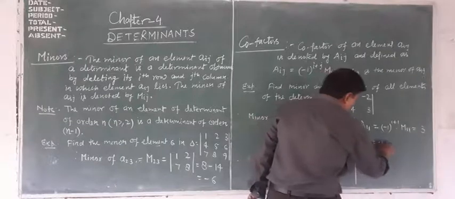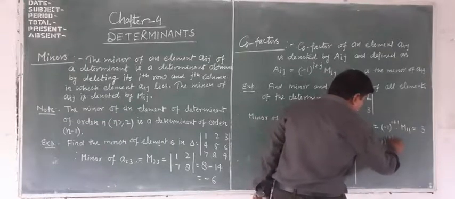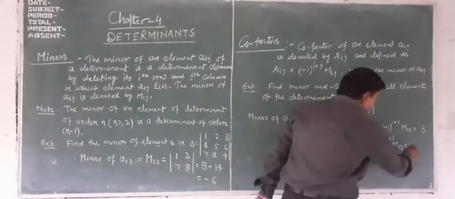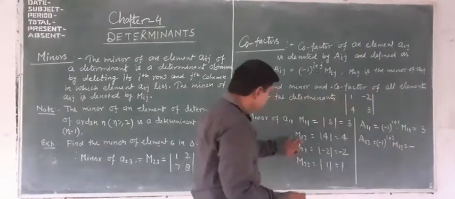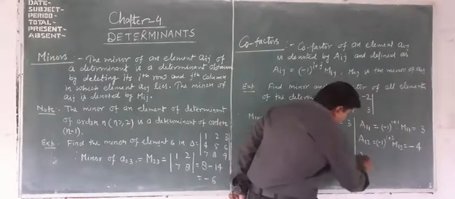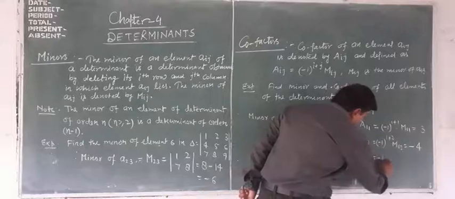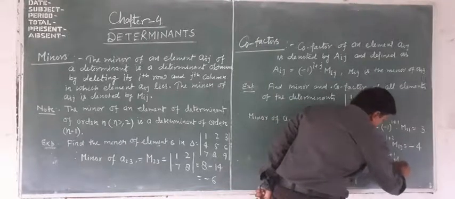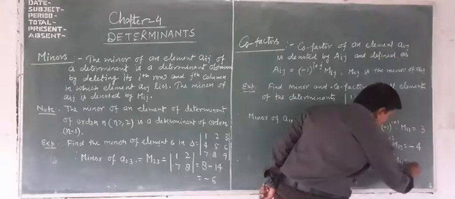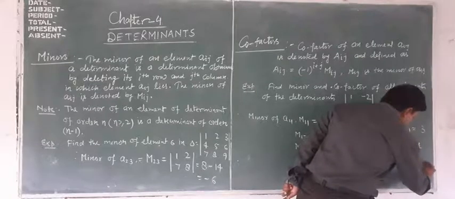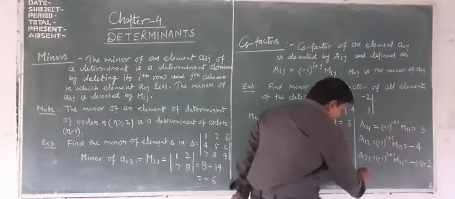A12: minus 1 power 1 plus 2, M12, so this sign is negative and M12 is 4, so this is minus 4. A21: minus 1 power 2 plus 1, into M21, so this is again minus and this is minus, so this is minus 2 equal to 2.